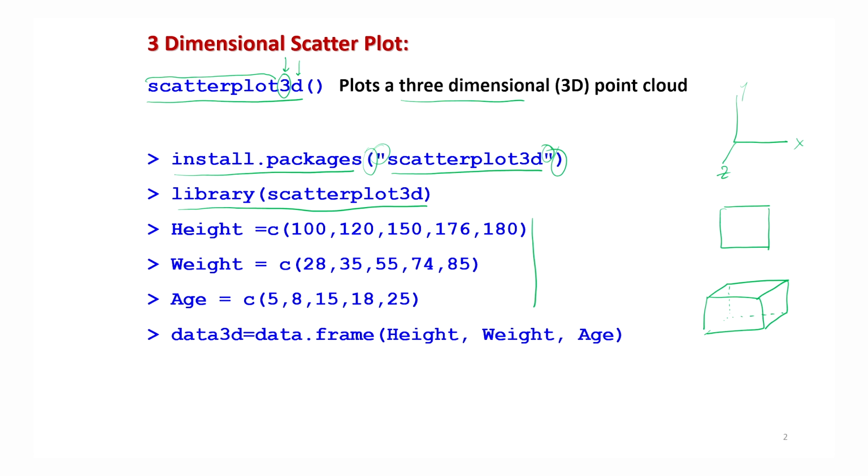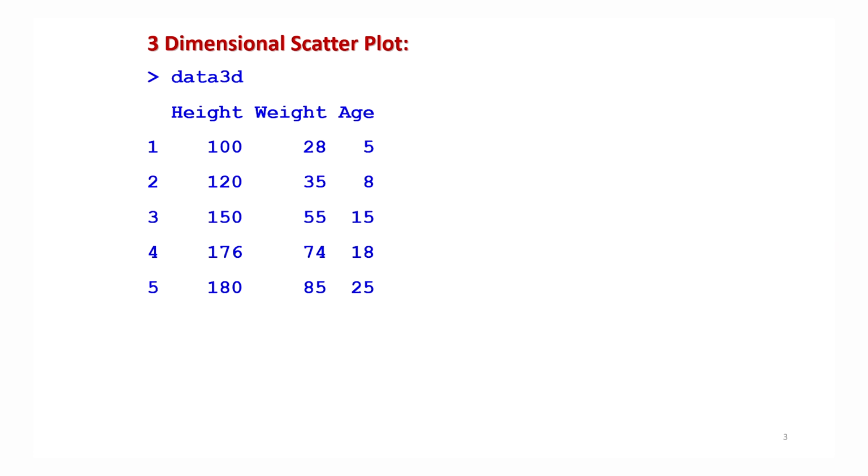To create the plot, the first requirement is to express the data in a combined way, and for that we use a data frame. So we create a data frame using the command data.frame, with the three variables height, weight and age inside the parenthesis, and store it in a variable named data3D. This is my data.